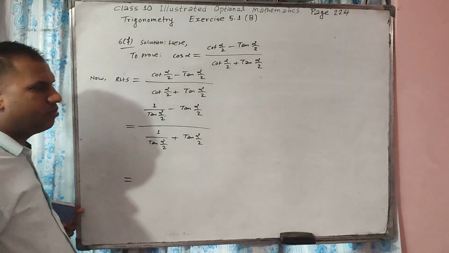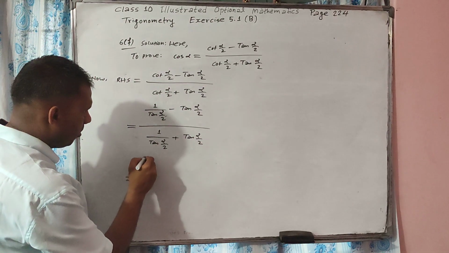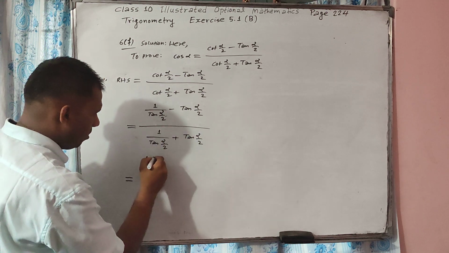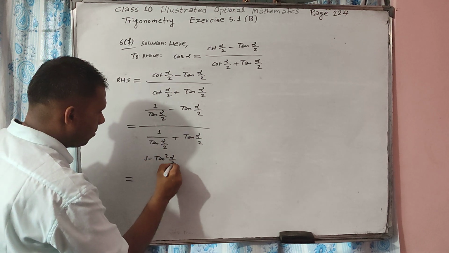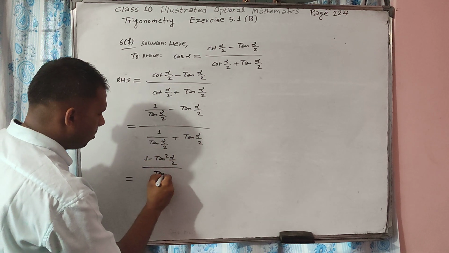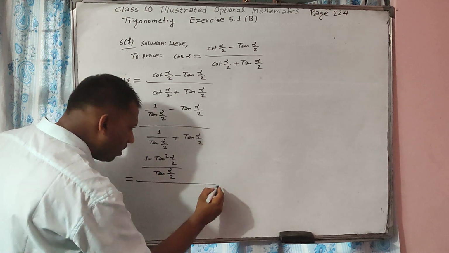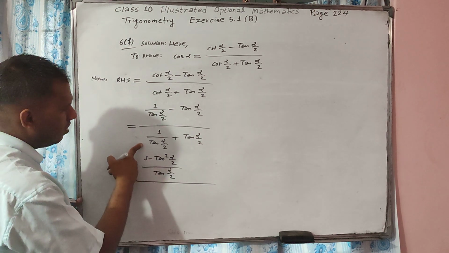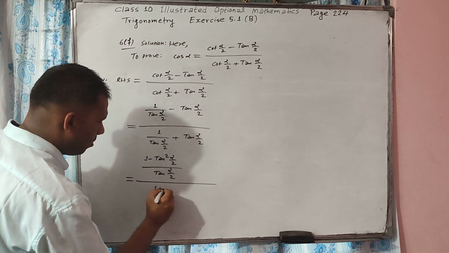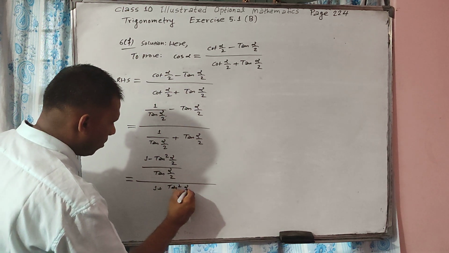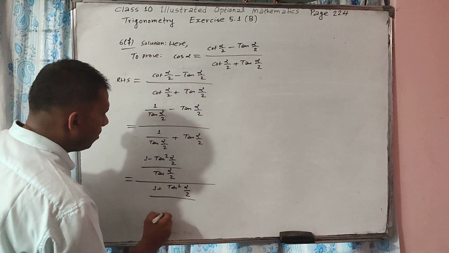Now taking LCM on numerator and denominator both, it becomes 1 minus tan square alpha by 2 whole upon tan alpha by 2, and on the denominator 1 plus tan square alpha by 2 upon tan alpha by 2.